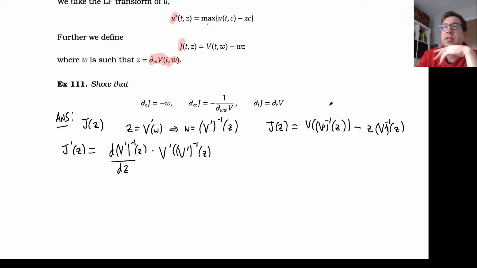So that's the chain rule applied to this. Now let's differentiate this guy, and I can use the product rule. I can differentiate, say, this term, and then I'll differentiate with respect to z. So I'm going to end up with minus z times the derivative of this guy.